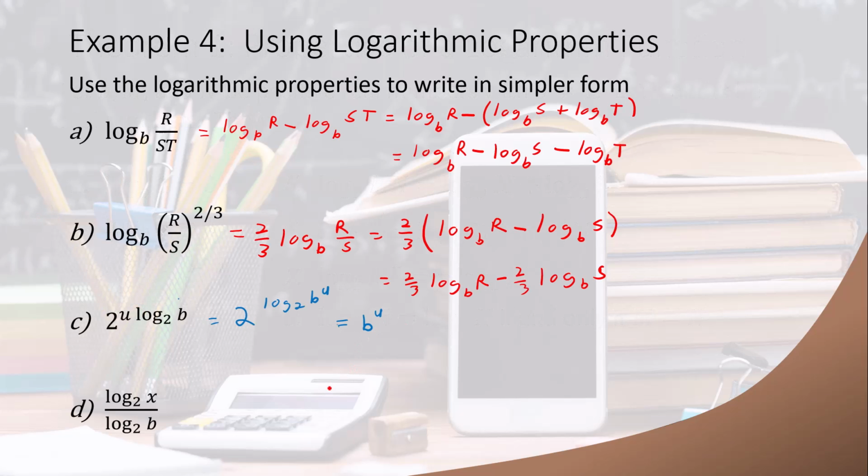So let's go ahead and do that. If I have the log base 2, I'm going to write x as b raised to the log base b of x. Now, why in the world would I want to do that?